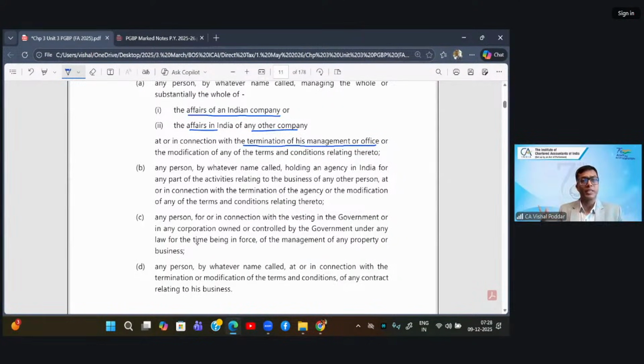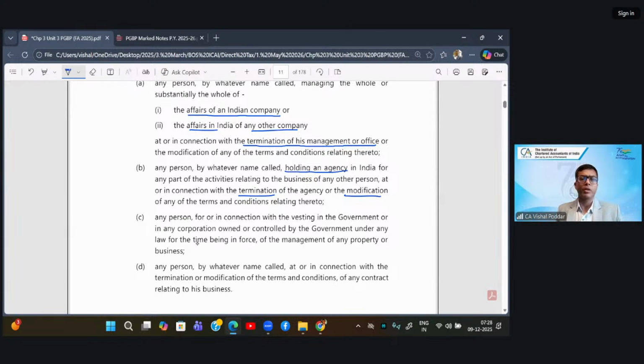If the assets are taken over and compensation is paid for that, that is part of capital gain. But only where management is taken over and what you were controlling is now controlled by someone else, that will be under PGBP. Similarly, where you have an agency and that agency is terminated or the terms are modified and for this change you are given compensation, it is again part of PGBP.